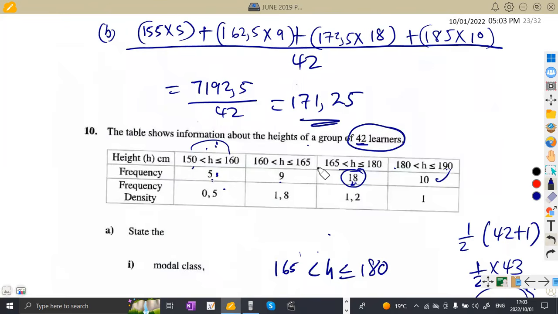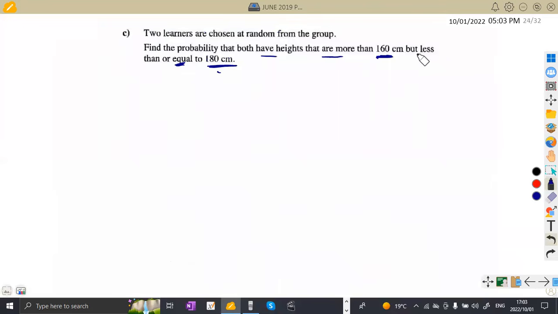More than 160 but less or equal to 180, which means we're talking about this region here. These are the number of people that we need. From 160 to 180, we're going to add 9 plus 18, which is 27. So there are 27 learners in this region that we're talking about.